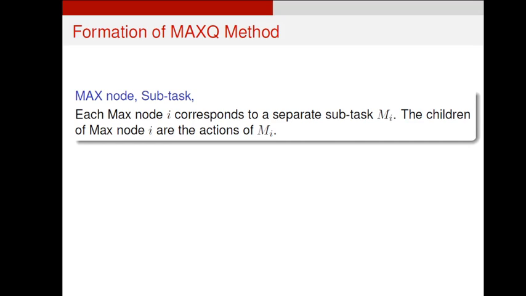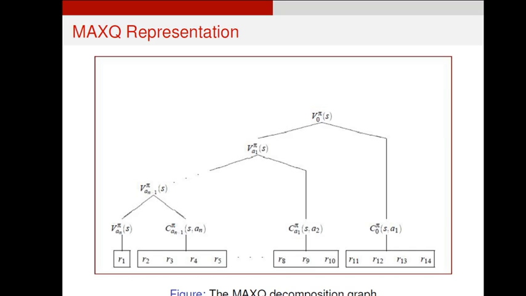M stands for Markov decision process, that is why we use M. Mi means the ith subpart. The children of max node i are the actions of Mi. See, the children form a tree structure. In the previous figure, this is our max node, and these actions are called its children.